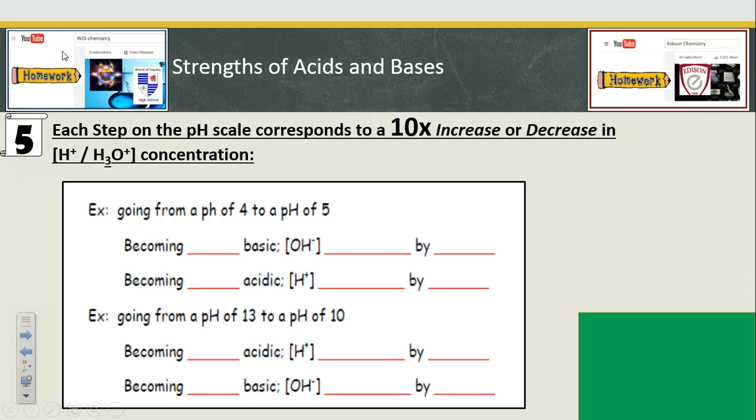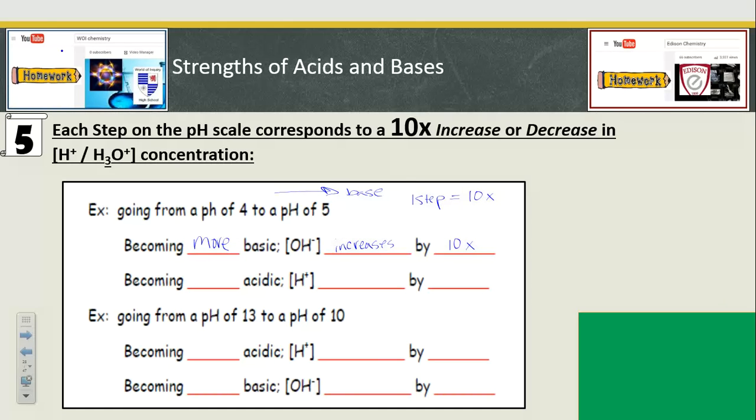So I'm going to the board to do some of these practice problems. So when the pH goes from 4 to pH 5, that's going towards the more base region. So this solution is becoming more basic. And the hydroxide, since we had a one step equals 10x, so basic hydroxide concentration increases by 10x.